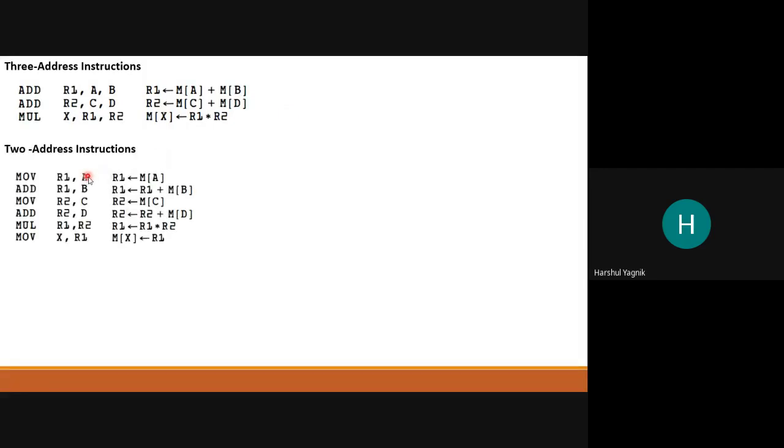First, get the data from the memory location whose address is A into register R1. Then add the content of R1 and the memory location pointed to by the address B.